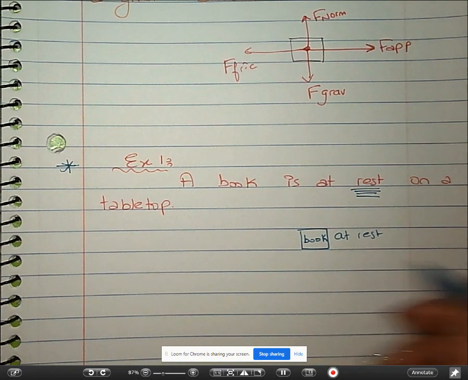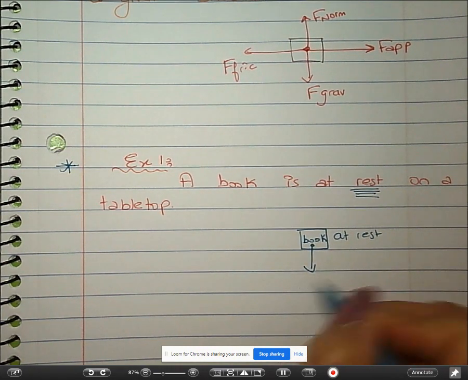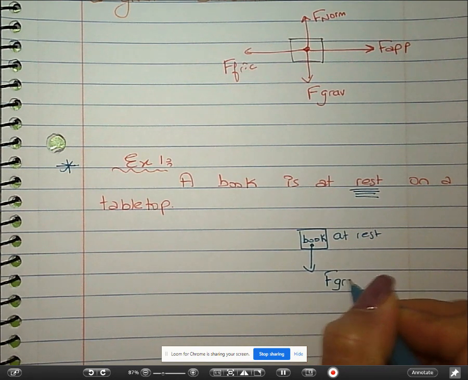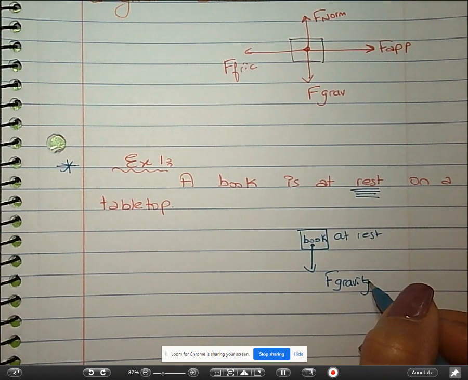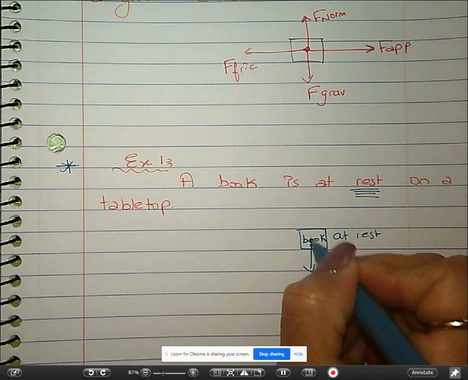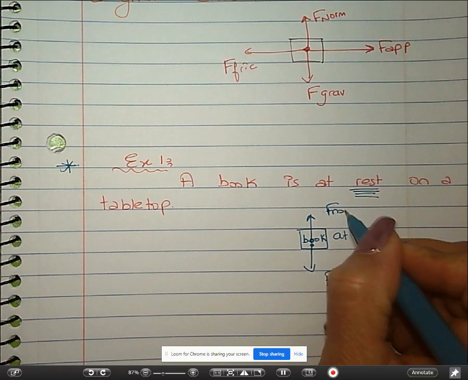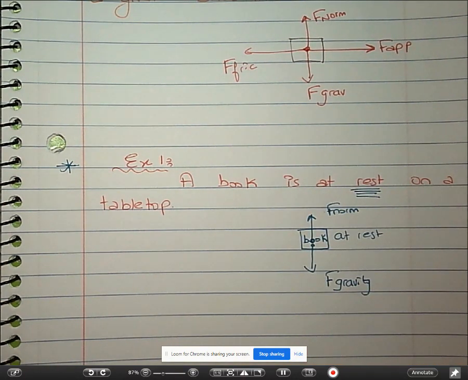We have the force pulling downwards, gravity force, and then we have the normal force.